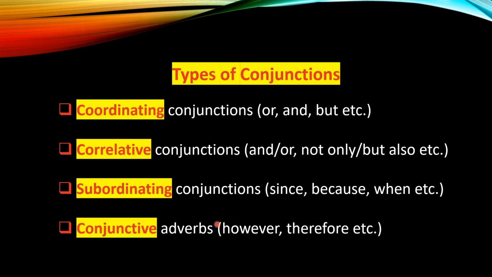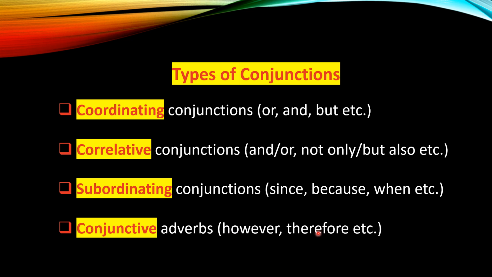Now, you must be amazed to know that here we have the term adverbs, but it doesn't mean that this is actually a part of adverb. But why is it a conjunction? Because conjunctive adverbs are also used to join two or more sentences, like you can see in the examples however and therefore, etc. These are two conjunctive adverbs.